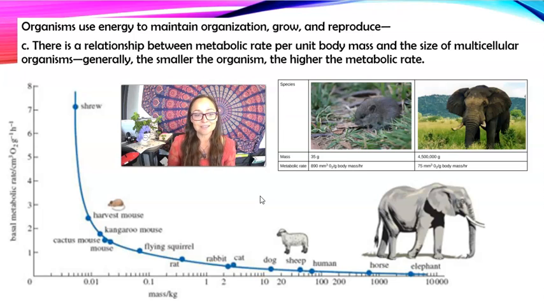So you can see in this graph how the surface area to volume ratio of the organism matters when it comes to calculating their metabolic rate and how many calories they're going to have to burn through to generate heat. So the smaller the organism, so the less volume, but the more surface area compared to that volume, the higher the metabolic rate compared to an animal like an elephant who has a larger volume compared to its surface area.